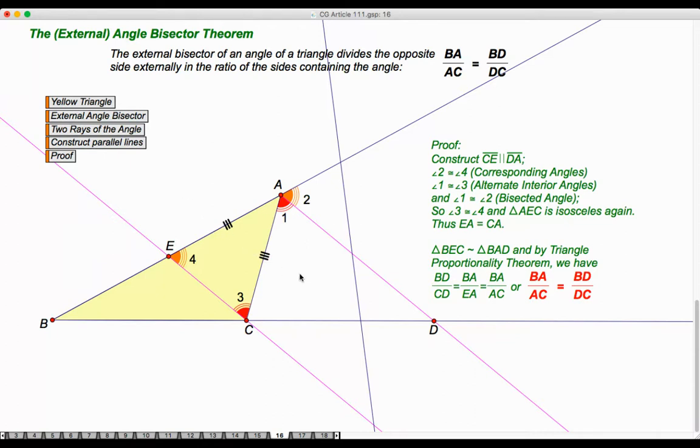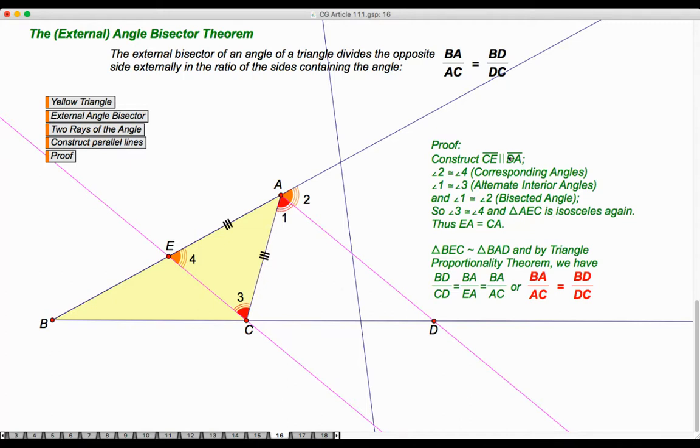And by the triangle proportionality theorem, triangle BEC is similar to triangle BAD, and hence I can now use BD is to CD as BA is to EA, and instead of using EA, I will use AC.